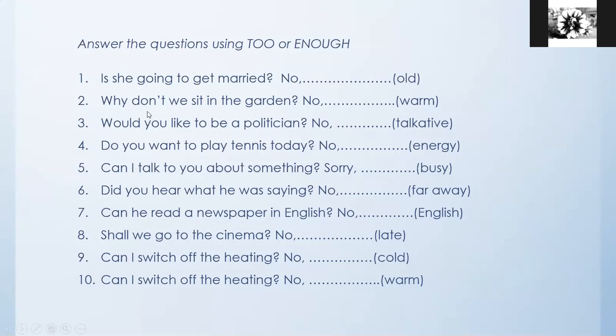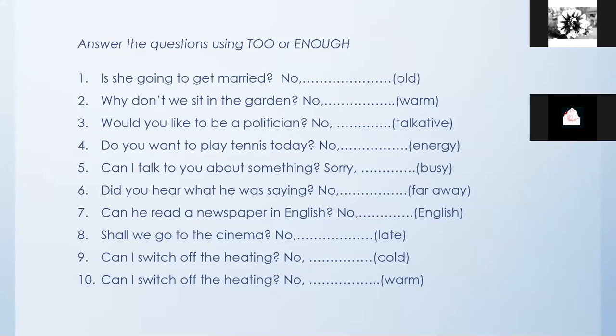Number two, why don't we sit in the garden? Enough or too? Who can answer number two?